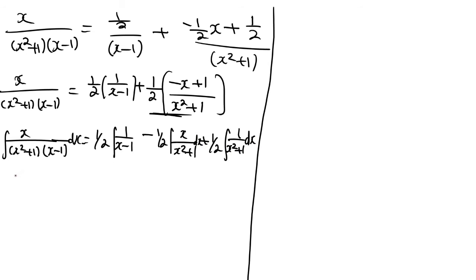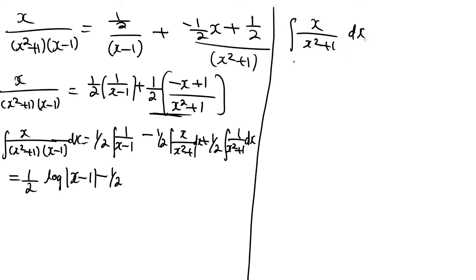Now integrate. It's equal to 1 by 2 into integration of 1 by x minus 1, which is log of mod x minus 1, minus 1 by 2 into integration of x divided by x square plus 1 dx. Substitute x square plus 1 equal to t, then 2x dx equal to dt.